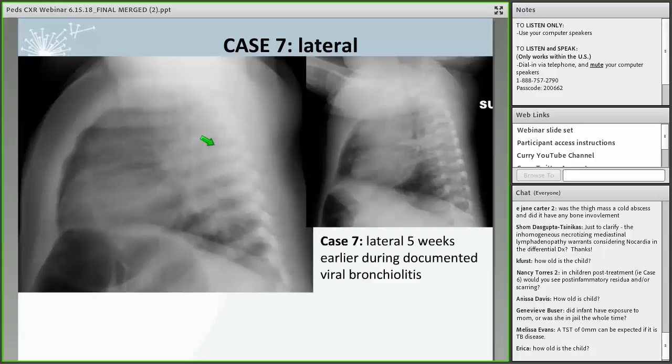And then posterior to that, you can see consolidation opacity involving the superior segment of the lower lobes, as well as the lower lobe, further in the basal segment. So again, this is consistent with some type of infection. I think a repeated bronchiolitis event is unlikely because of the consolidation and the adenopathy. And so, again, the differential includes TB and other infections as well.